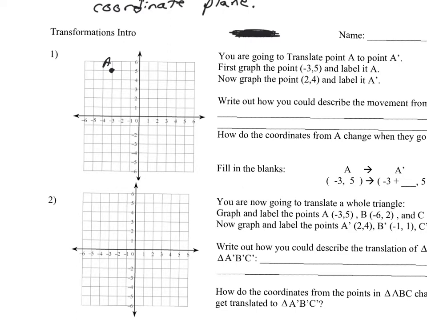That little symbol right there is called prime. Usually we just use a tick mark. It almost looks like a number 1, as if that A is raised to the first power. And that's at 2, 4. So I go to the right 2 and up 4.